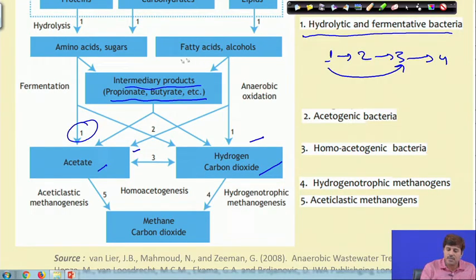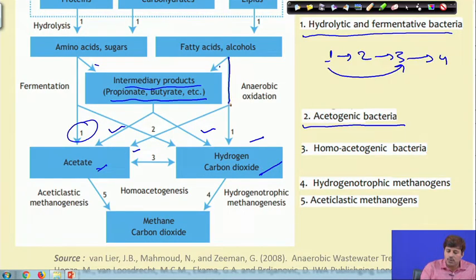If they have been converted to intermediate byproducts like propionate, butyrate, these can again be converted to acetate or to hydrogen and carbon dioxide through the group of acetogenic bacteria. So, this second process is the process of acidogenesis, and the step that we see here is the process of acetogenesis.